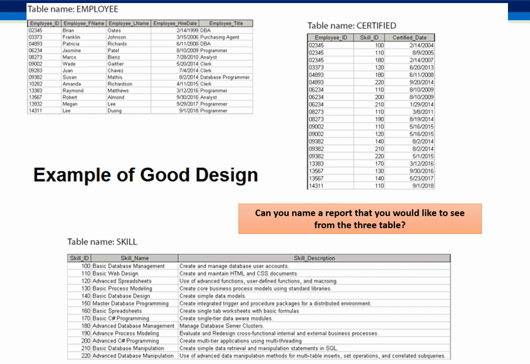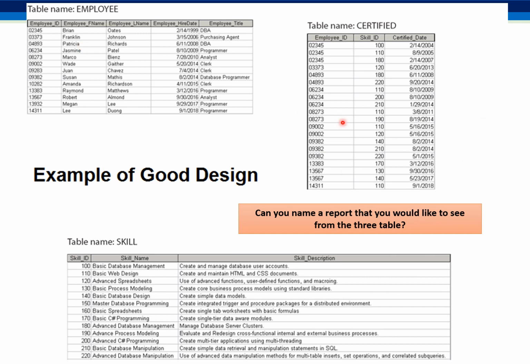Okay. So how about give me all the employees that were hired before 2006 that have the skill of basic C+ programming. So I went from here to here, right? And then I pick and choose what fields I want, because these tables are going to end up talking to each other.